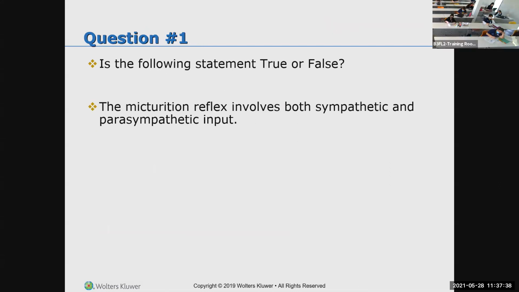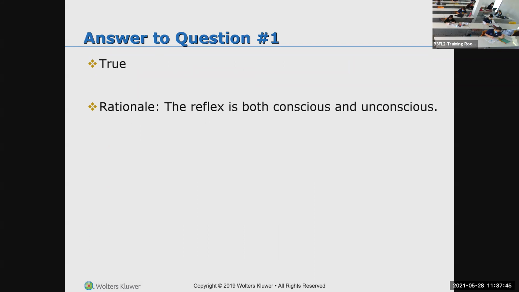Is the following statement true or false? The micturition reflex involves both sympathetic and parasympathetic, of course, both. The reflex is both conscious and unconscious.